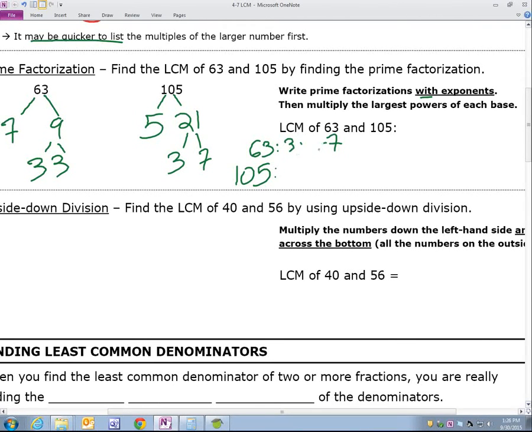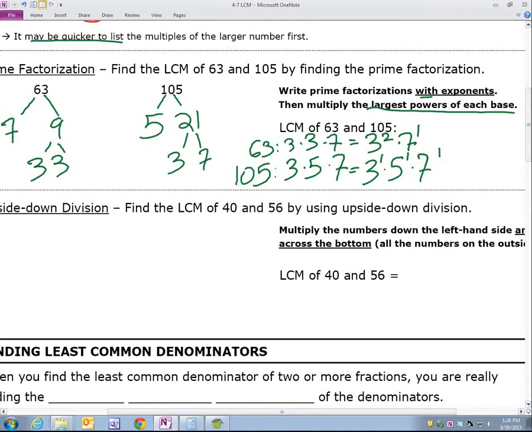You're going to multiply the largest powers of each base. So I'm going to write that in exponential form, which is 3 squared times 7 to the 1. 3 to the first times 5 to the first times 7 to the first.